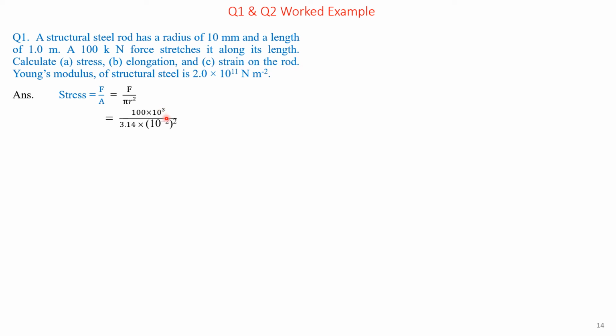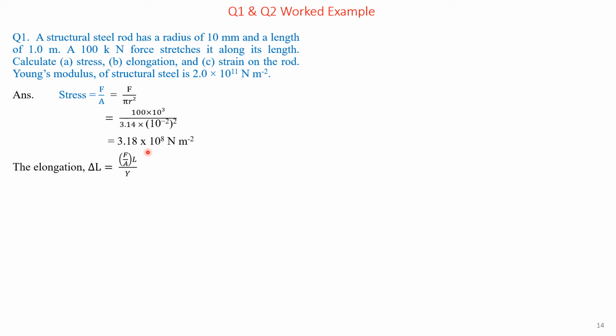Substituting the values, 100 kilonewtons, which is 100 × 10^3, divided by pi, which is 3.14, times r square, where the radius is 10 mm, that is (10^-2) whole square. Calculating, we get the value as 3.18 × 10^8 newtons per meter square.